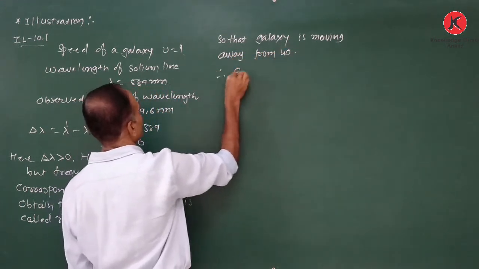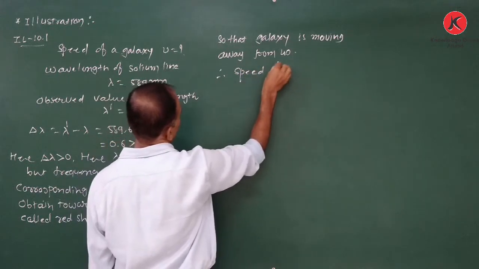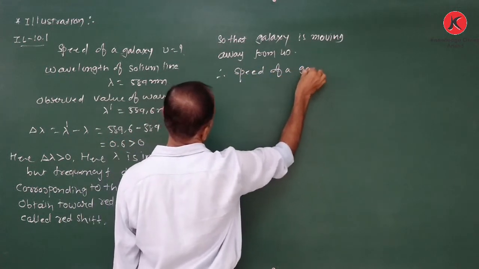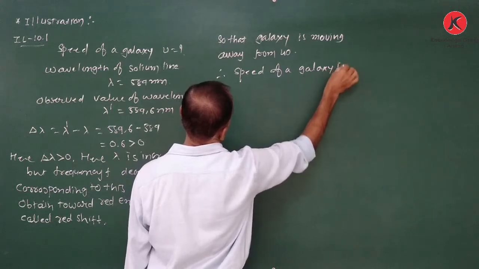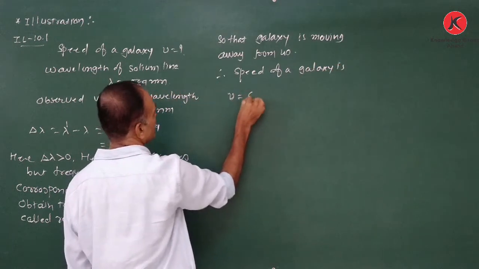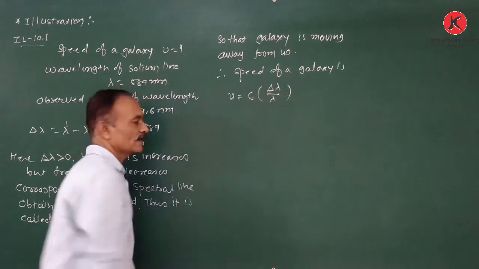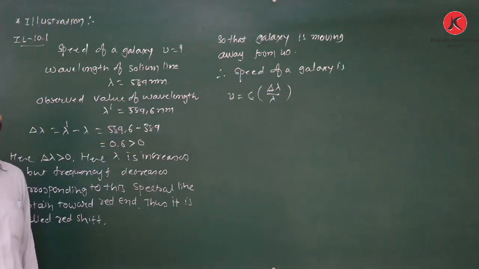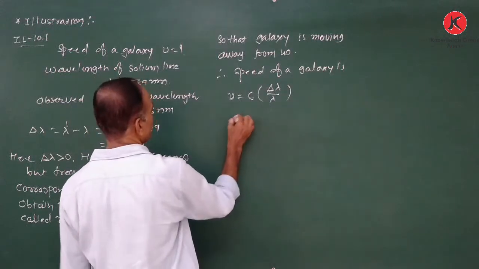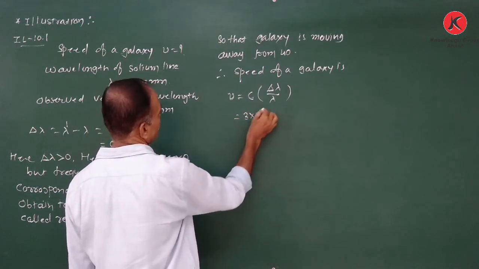Therefore, the speed of the galaxy is v equal to c into delta lambda upon lambda. c is the velocity of light, that is 3 into 10 to the power 8.